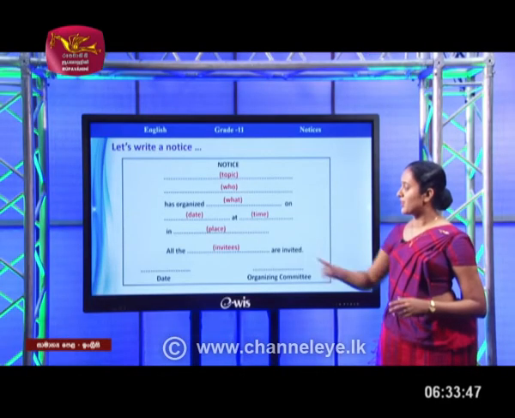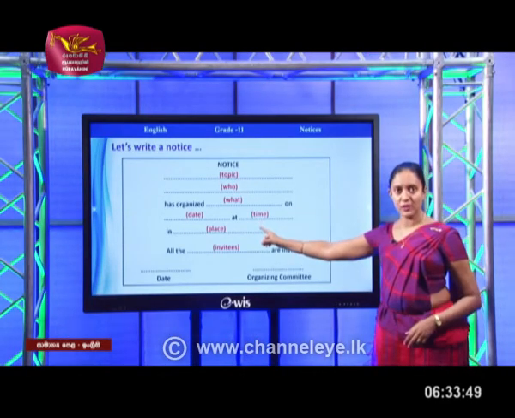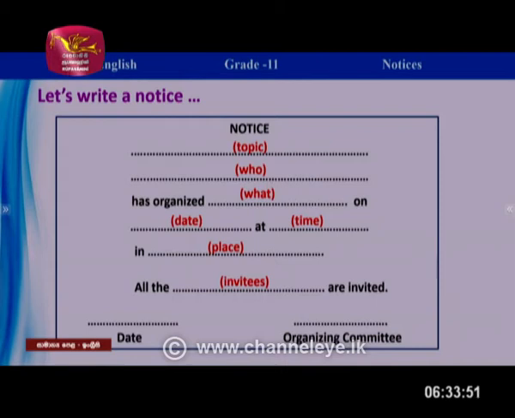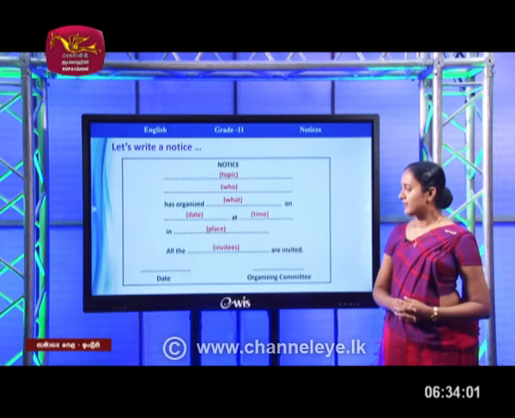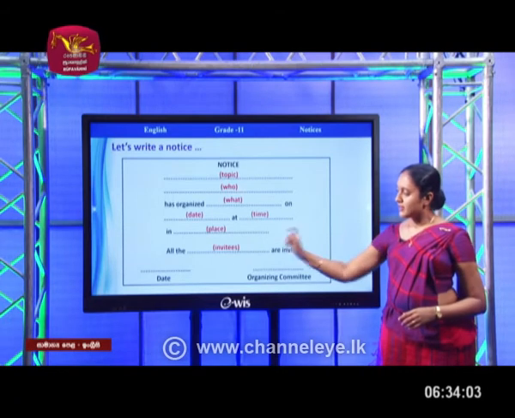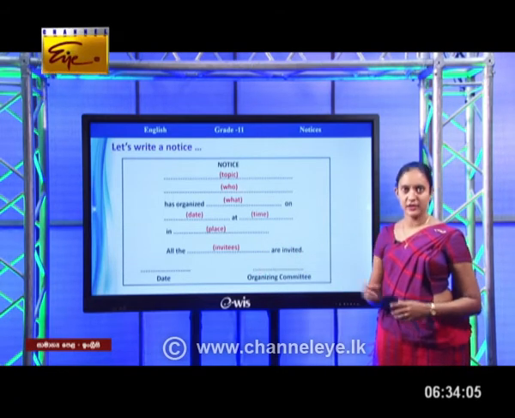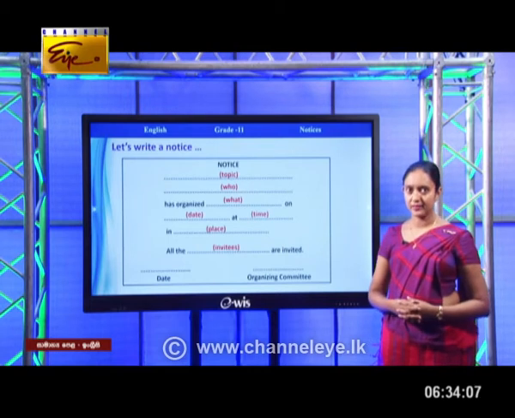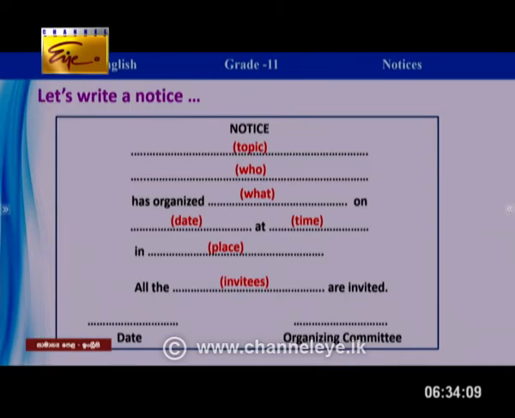And also, you have to include the place or the venue of the event. And then here these are the invitees. So, you should include the invitees of the event. And finally, in the left hand corner, you have to put the date when you are writing the notice.